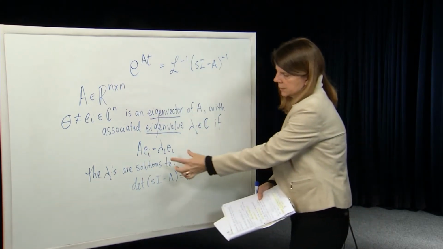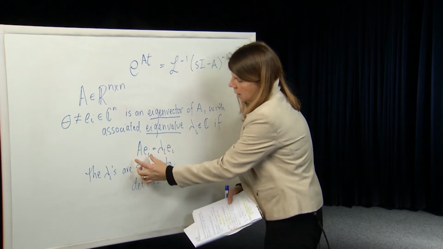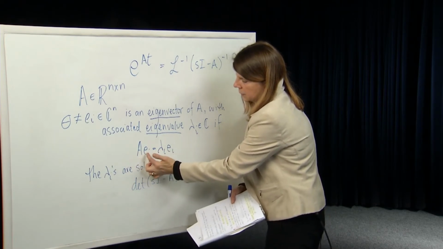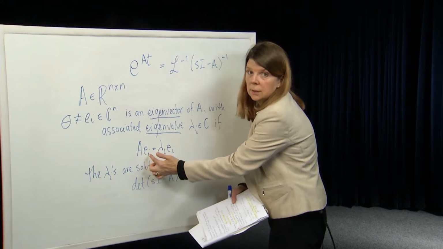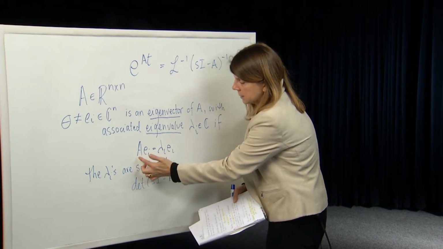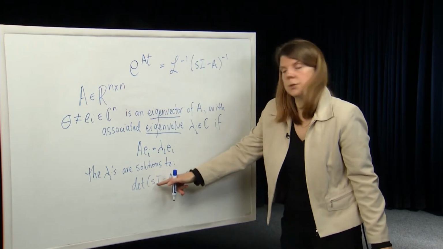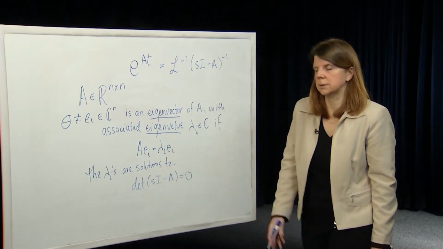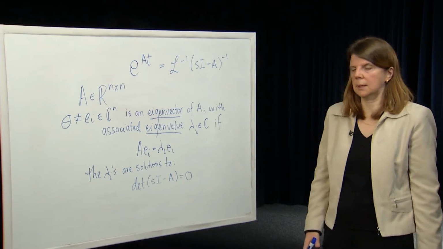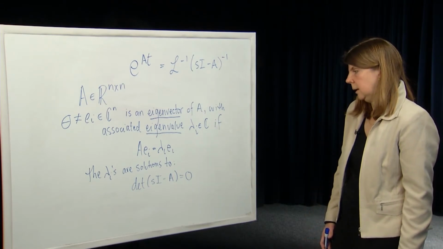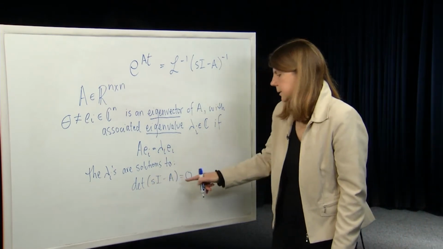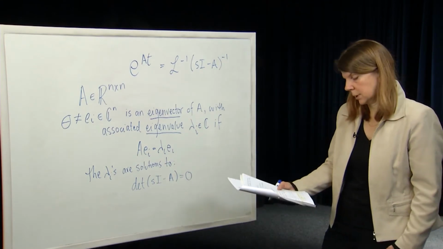So I've done a couple of steps there. I've assumed that if there's going to be a non-trivial eigenvector in the null space of A minus lambda I, then I need to have that the determinant of A minus lambda I is equal to 0, or rewritten as determinant of (sI minus A) is equal to 0. So solving this for s gives us the eigenvalues of the matrix A.